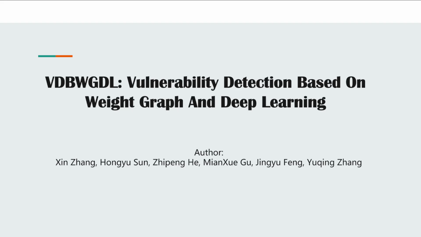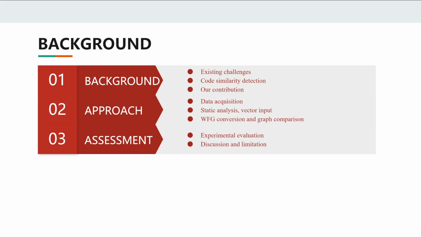Hello everyone, the paper I share with you is vulnerability detection based on weighted feature graph and deep learning. Today's sharing is introduced in the following three parts. The first part introduces the background knowledge, some existing challenges and the mainstream code similarity detection, and finally, the main contribution of this paper.